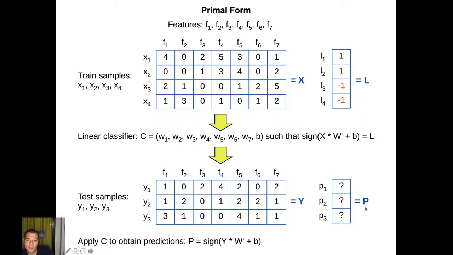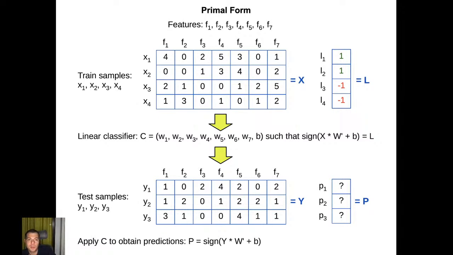In order to predict these labels, we apply the classifier C. Applying the classifier means that we take the sign of this equation in order to get P. So this is a linear machine learning problem in primal form.